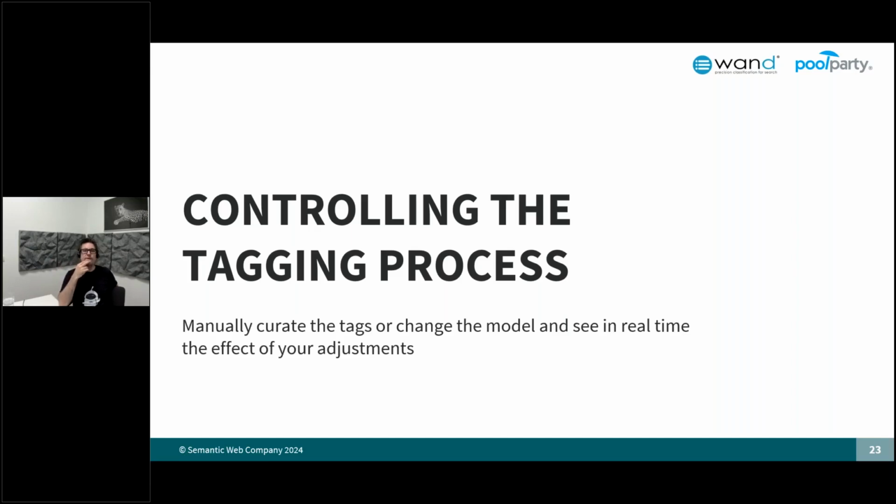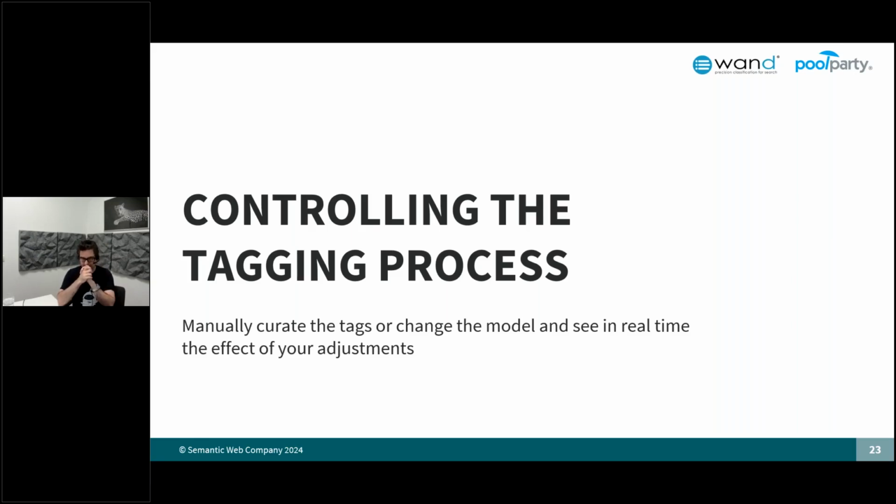Now, but what if your domain changes? What if you have specific knowledge that is not generic for just sales and marketing, but there are things that are very particular for you? Well, you might not find all the results that you want, or you may want to tweak your tags a little bit.